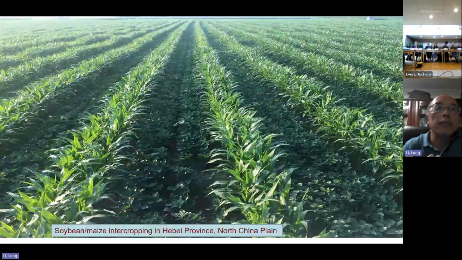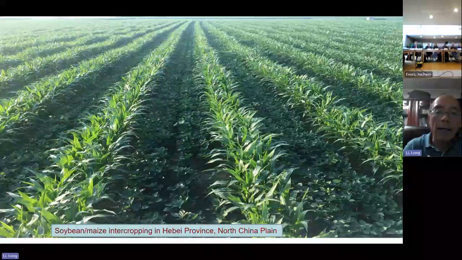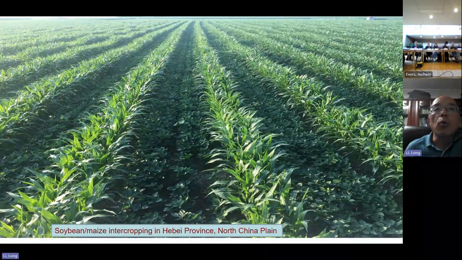Also, this is soybean maize intercropping in Hebei province, in the North China Plain. You can see 2 rows of maize and 4 rows of soybean intercropping. The 2 crops grow very well.